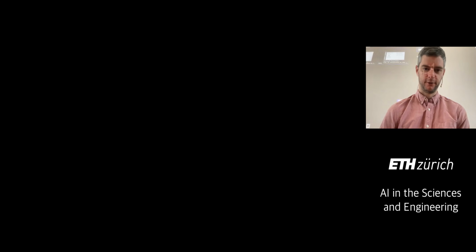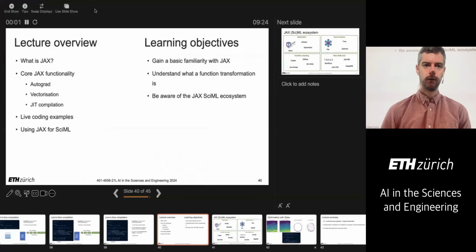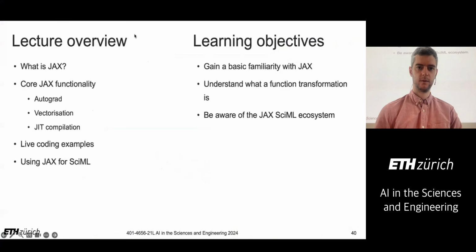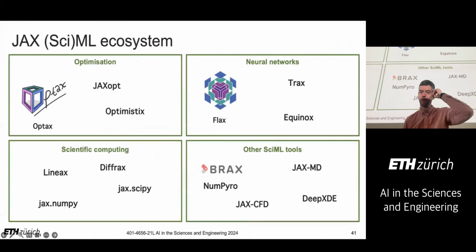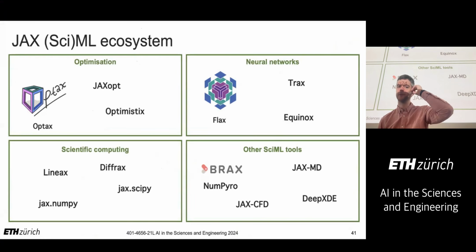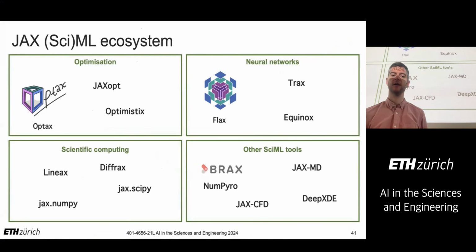So let's go back to the slides. Okay. So I talked about the fundamental features of JAX, the accelerated array computation and the program transformation, in a very general way.